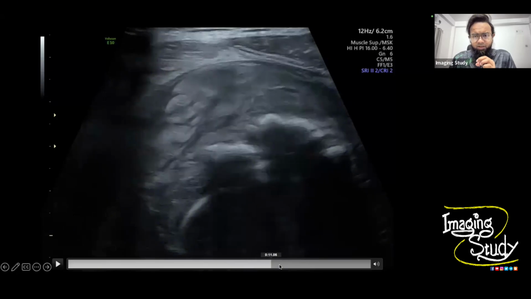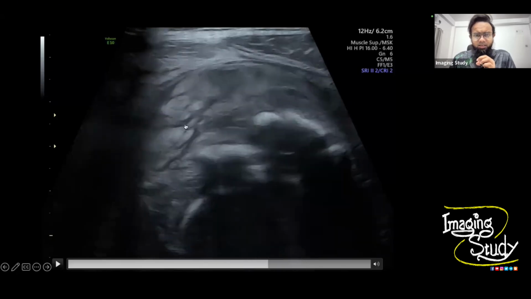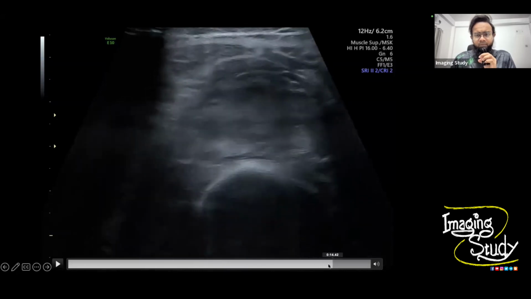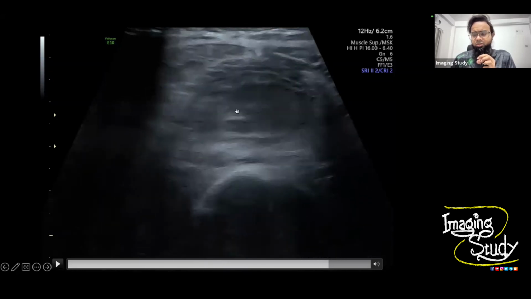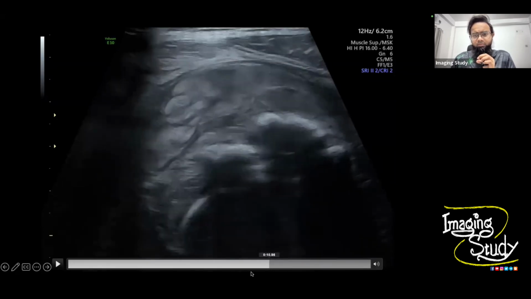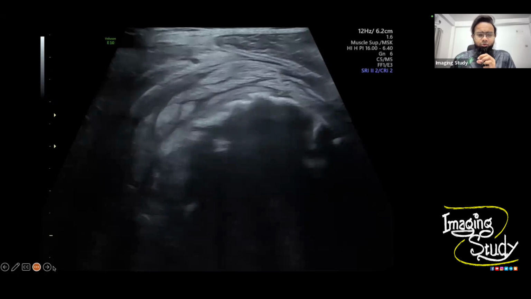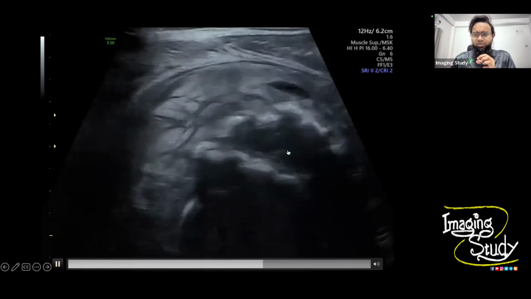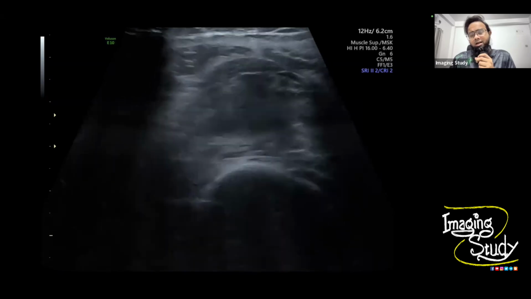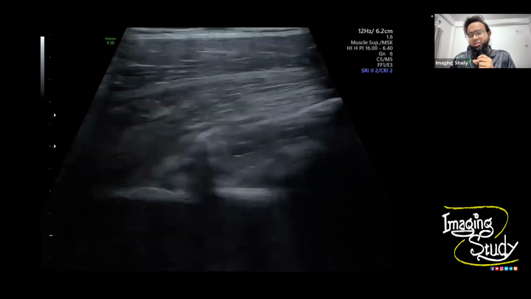And if you go a little further, you can see this is the edema here, and just go a little further. Now you can see the collection appearance has changed. So this is hypoechoic. You can see some anechoic components, and you can see some calcified areas. So it indicates that this intramuscular hematoma, this lesion is obviously a hematoma, has different ages.